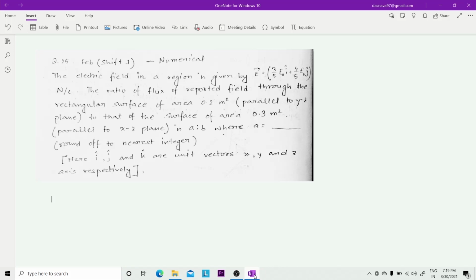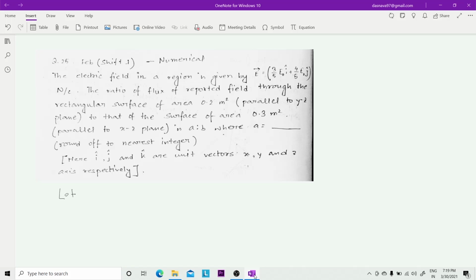So here it is given that the ratio of the flux through the two surfaces is A is to B, and we have to find the value of A. The area of the first surface is 0.2 meter square and the area of the second surface is 0.3 meter square. So let's start.